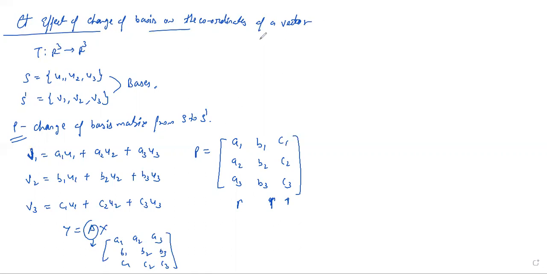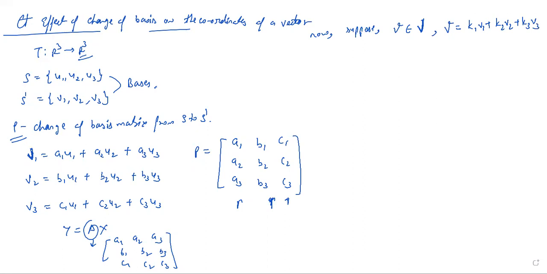Okay, now suppose that there is a vector V which belongs to our vector space V. This vector V is written as K1 V1 plus K2 V2 plus K3 V3.